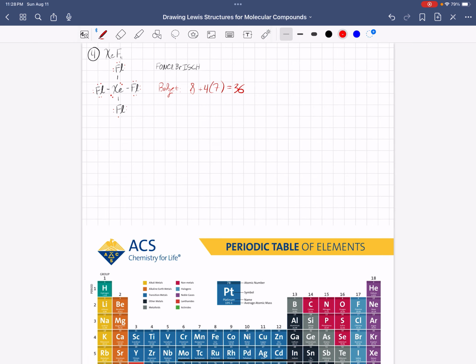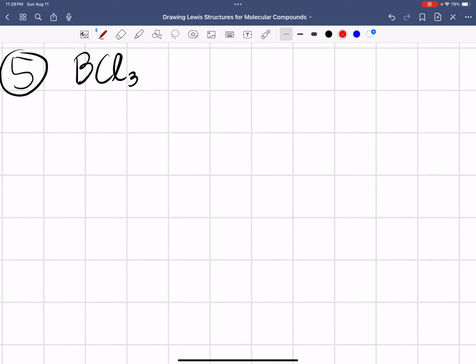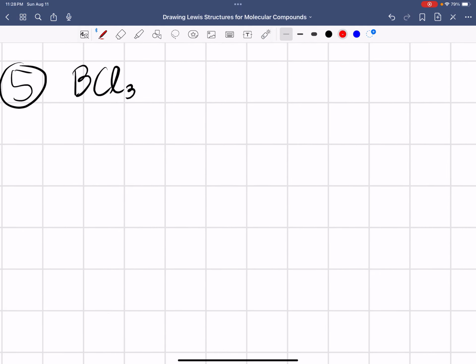All right. Last one here, BCl3. Whenever you see boron come up, you want to just remember that boron doesn't necessarily need a complete octet. It can have less than 8 electrons surrounding it. So when we make the Lewis structure for boron trichloride, well, first let's decide what element goes in the center, right?